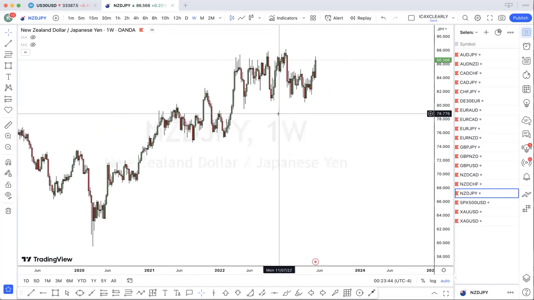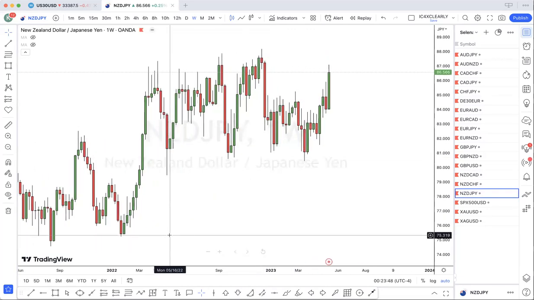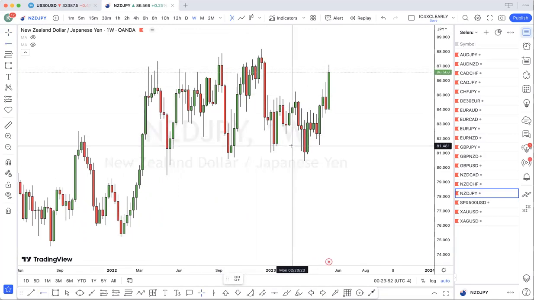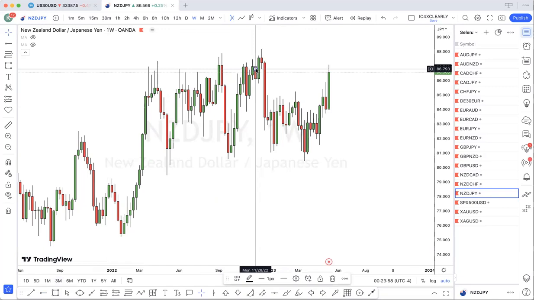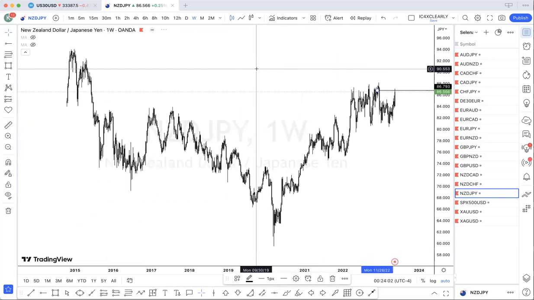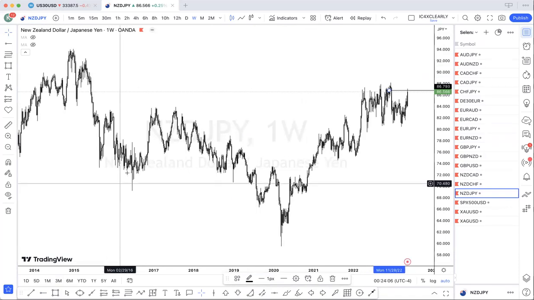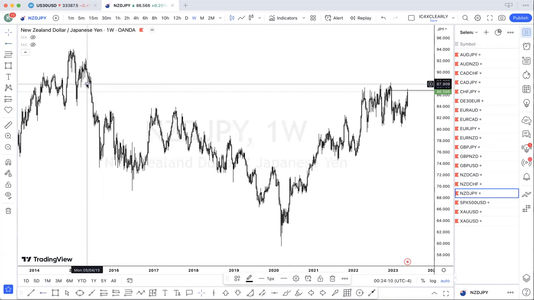NZDJPY. So NZDJPY has tapped into a bullish order block. Okay. It has tapped into an imbalance that we have here. This has already filled this imbalance here.